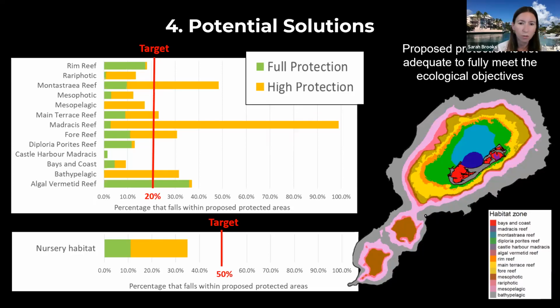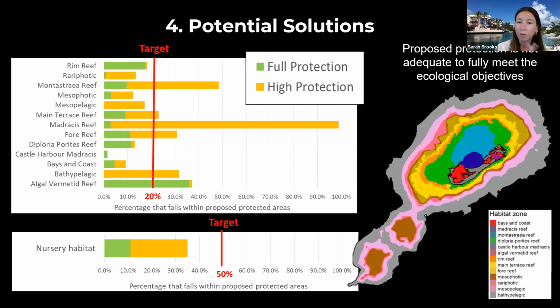So what you can see on the screen here is, on the left, there are a list of habitat types, and the graph shows how much of each habitat falls within the proposed protected area network. Now, if you remember back to the spatial objectives, there's a target to protect 20% representative coverage of each habitat type. And there's also a target to protect 50% of our valuable nursery habitats.